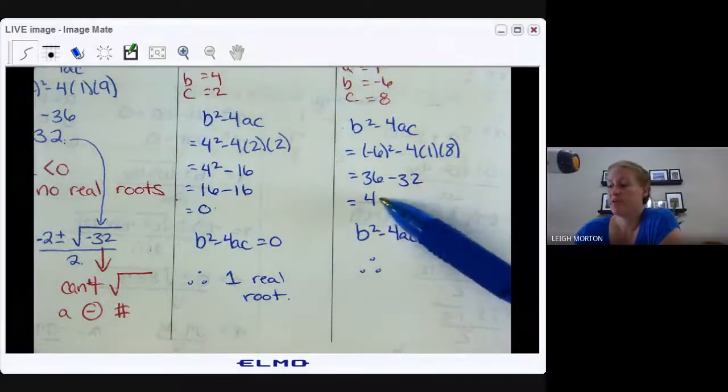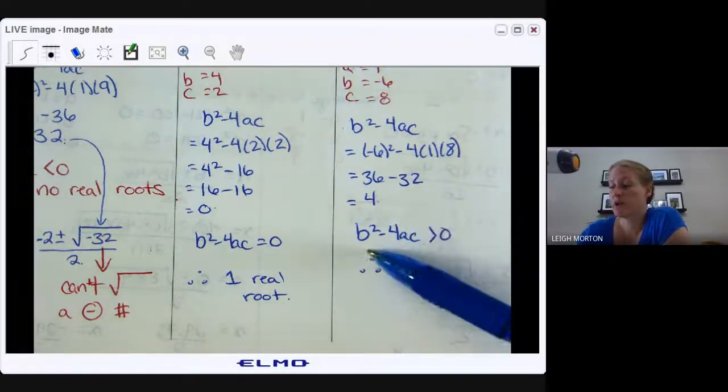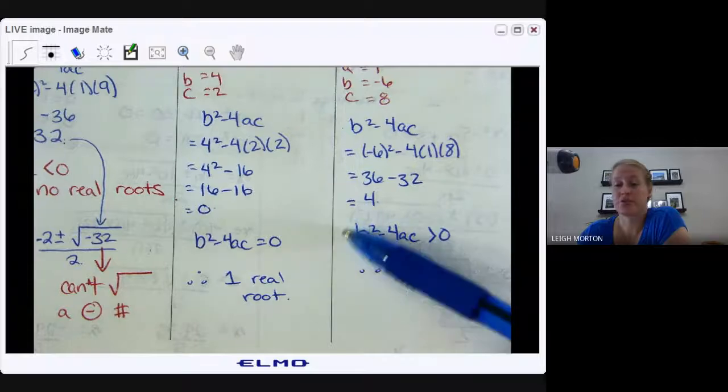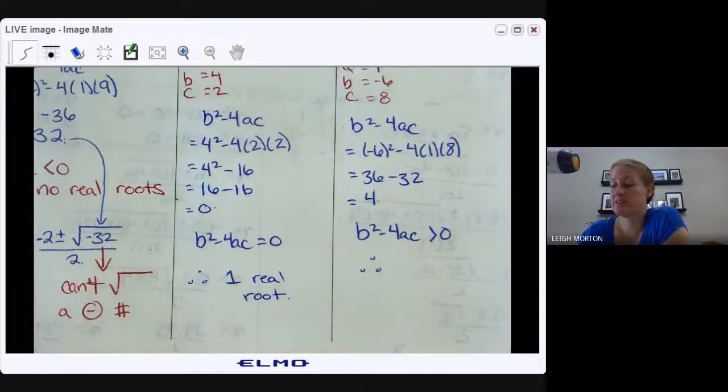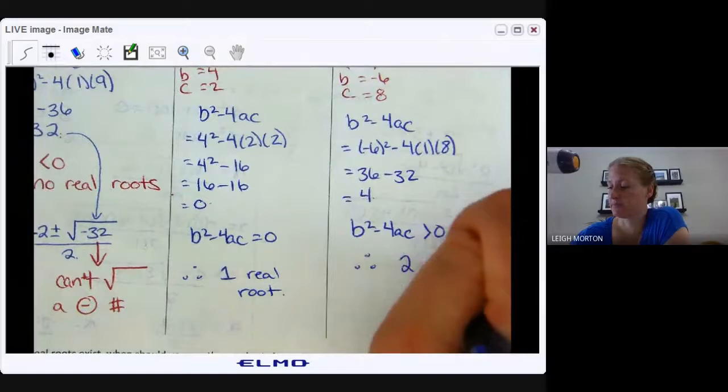So I end up with a value of the discriminant as 4. B squared minus 4AC, my discriminant is greater than 0. So how many zeros or roots will there be? 2 roots is correct, Grace.